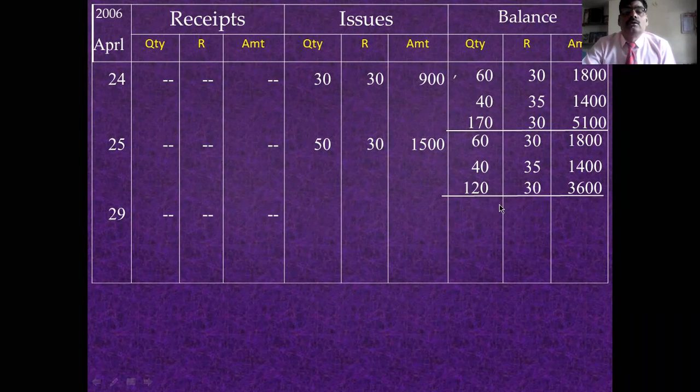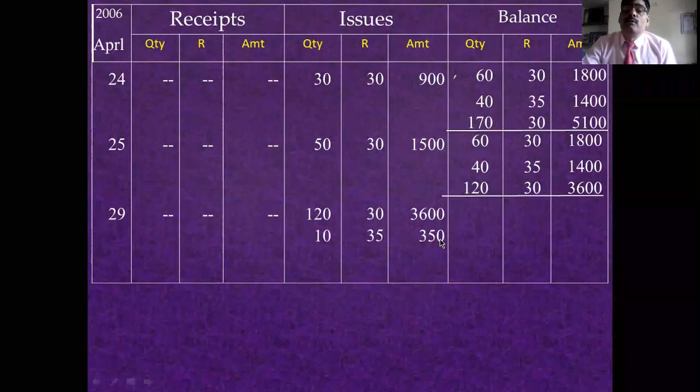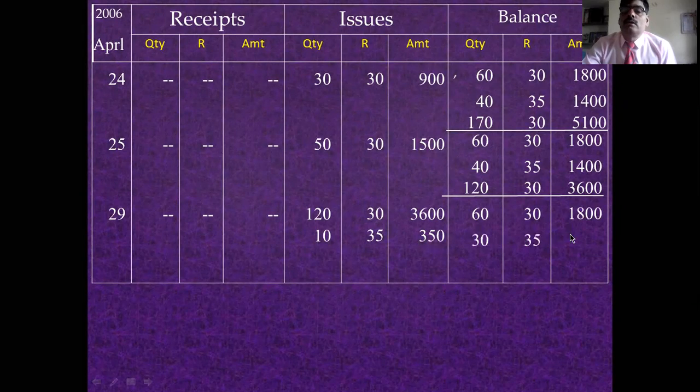So from the last lot you take 120, 120 at the rate of 30, 3,600. Then from the above 40 units, you take 10, 10 at the rate of 35, 350. Okay, it is the LIFO method. Then what is the balance? 60 at the rate of 30, 1800. Then out of 40, 10 issued, 30 at the rate of 35, 1050.